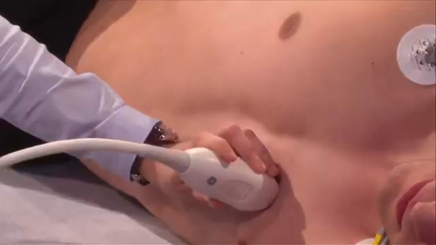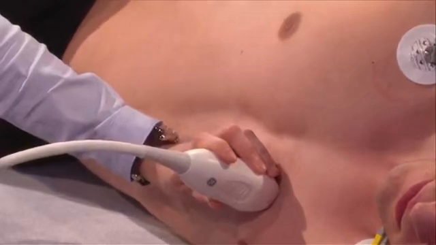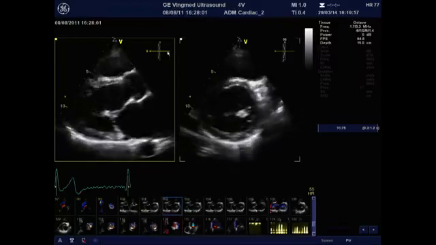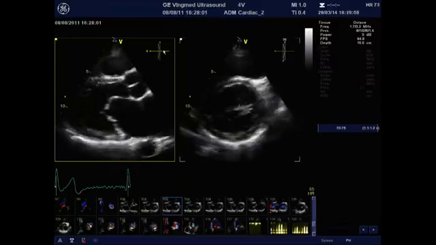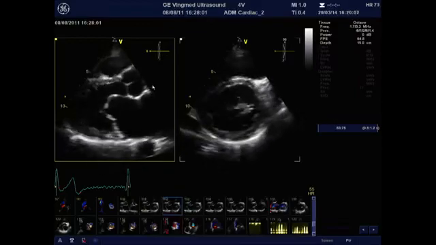Another way to be more sure of the assessment of the mitral valve stenosis is to do the 2D planimetry of the mitral valve with the help of 3D imaging. And the best and easiest technique is using the biplane method, in which you see I'm starting the acquisition in the parasternal long axis view.